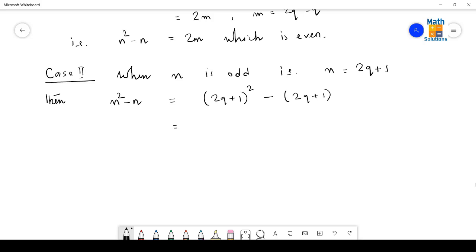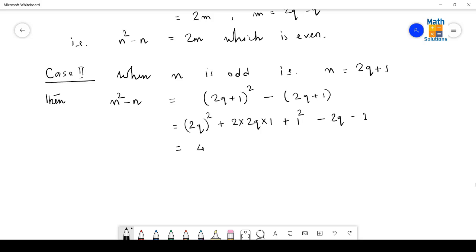Let's break it again. The first quantity will follow the a plus b whole square formula. And I am going to get here 2q whole square plus 2 into 2q into 1. That means this part is the 2ab form. Plus b square is 1 square. Minus, in the second part when brackets are removed, I am getting the form minus 2q minus 1.